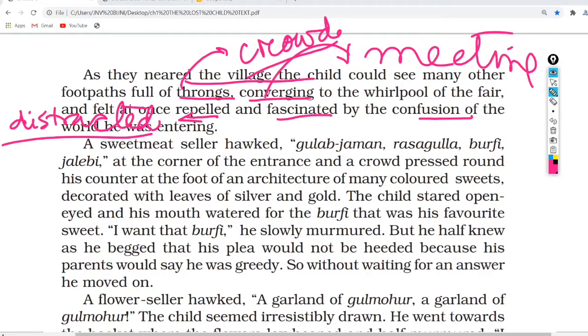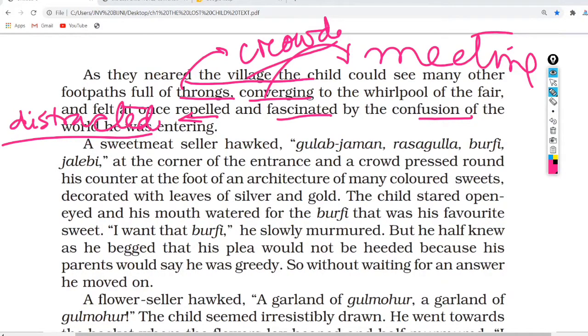He was not willing to go. Again, what happened? He was attracted or fascinated, because he wanted to see by himself what is there inside of the fair. He wanted to invent, he wanted to discover. It was a kind of adventure for him. Therefore he was again attracted towards the crowd, and then he went there.